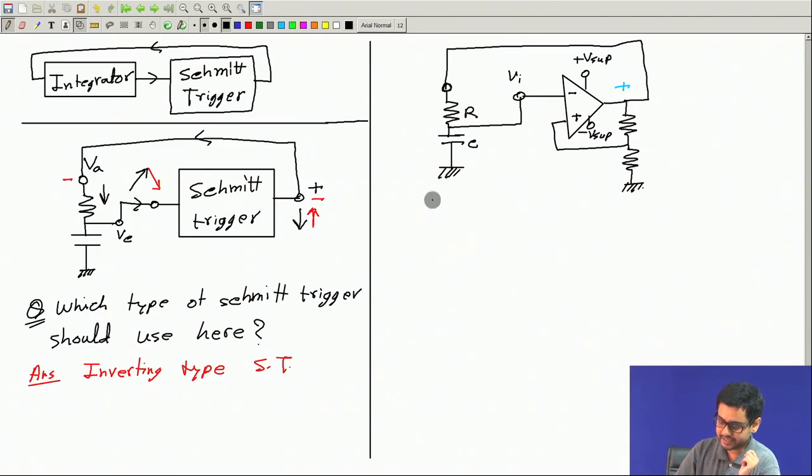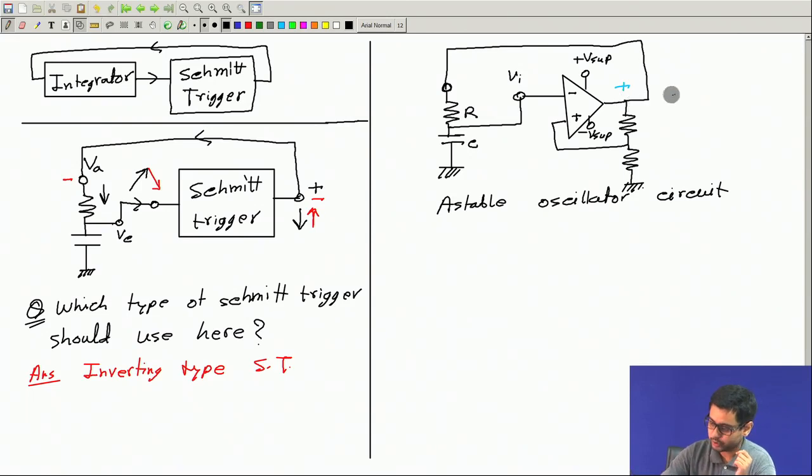Okay. So, this is an oscillator circuit, an astable oscillator circuit. Why oscillator? Because this output will change from negative to positive and positive to negative forever.